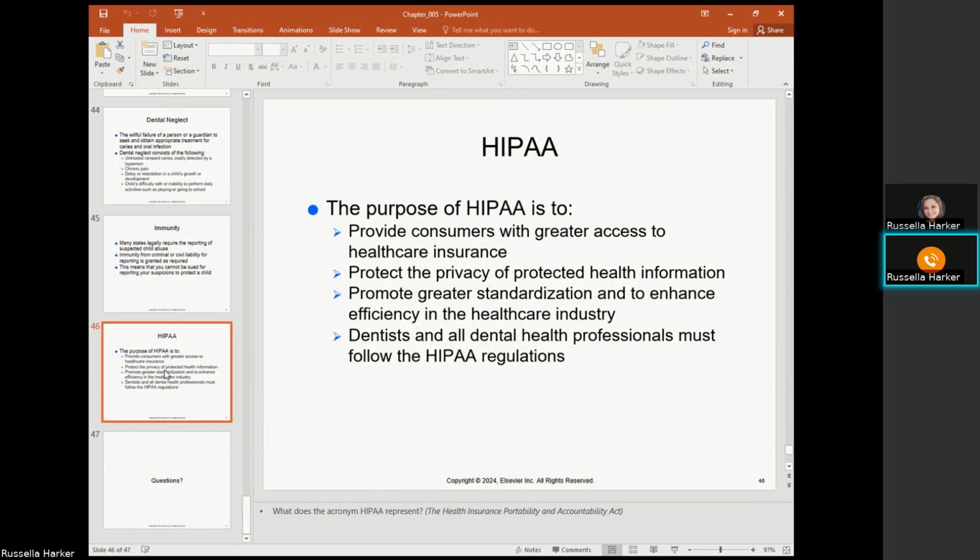So I'll tell you that HIPAA is very important, and no matter what, you can never divulge any patient information.